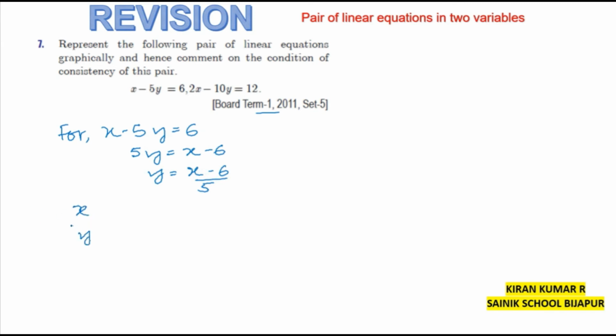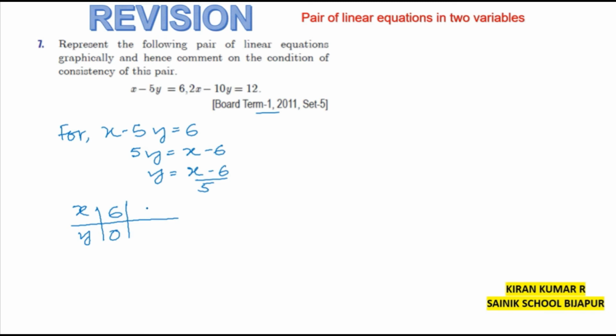Now let us consider some values of x and find the value of y. I have mentioned preferably you have to take the value of x as some number such that the value of y becomes some integer. Suppose if I take x value as 6, 6 minus 6 is 0 upon 5 is 0.